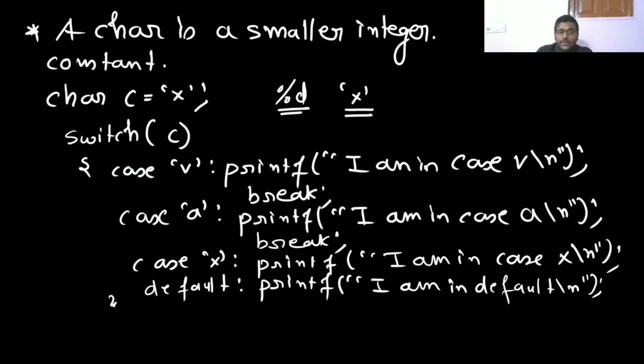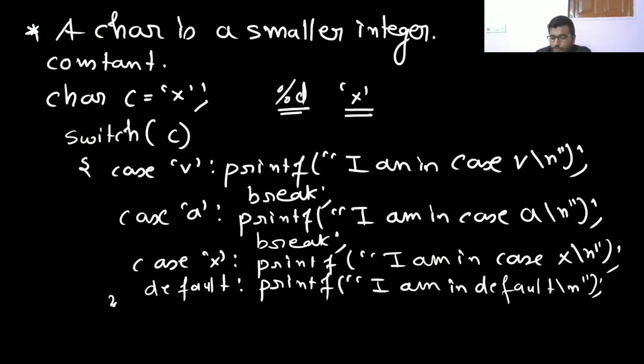You can run one code in your system to check that. I will give that later, first give this one. The output will be "I am in case x", then a new line, "I am in default".